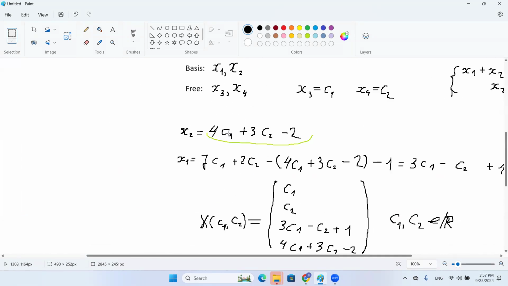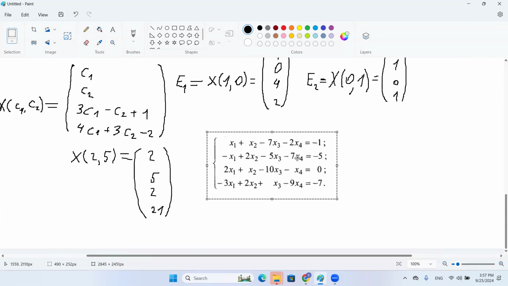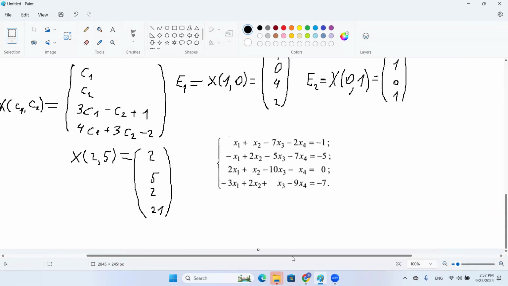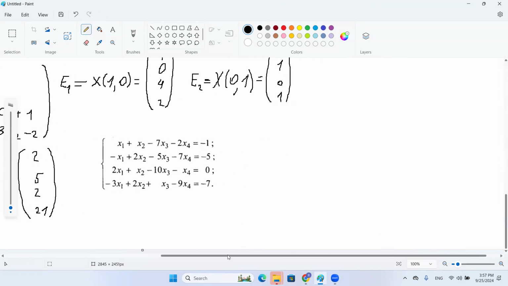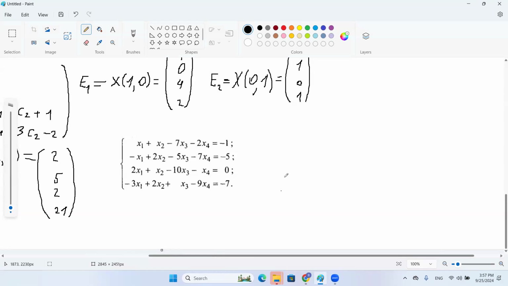Okay, and let's verify it. Let's copy and paste. Remember that 2 is x1 and 21 is x2.